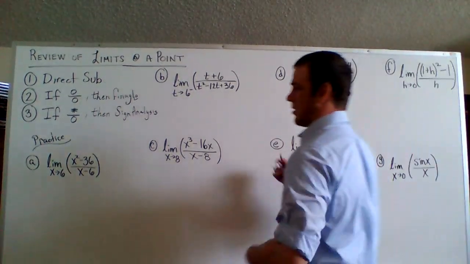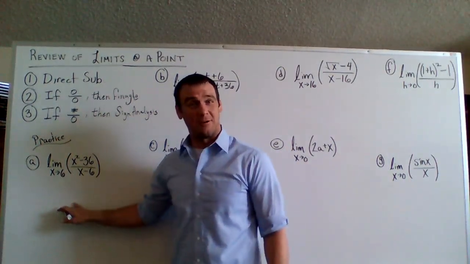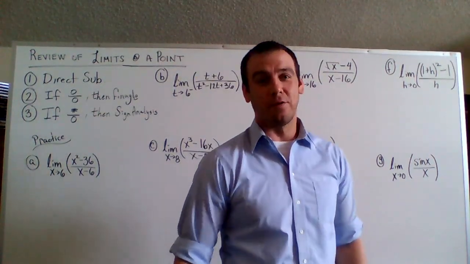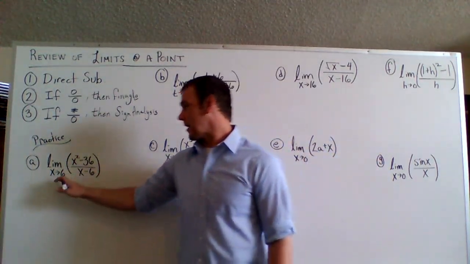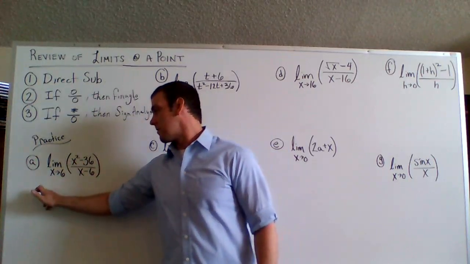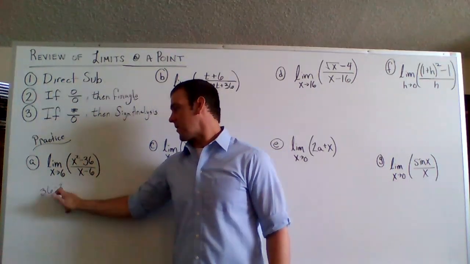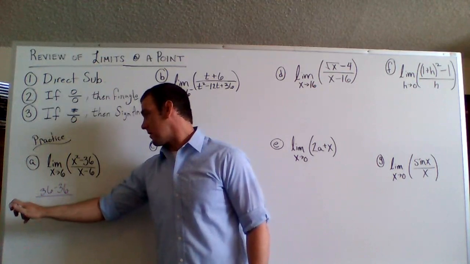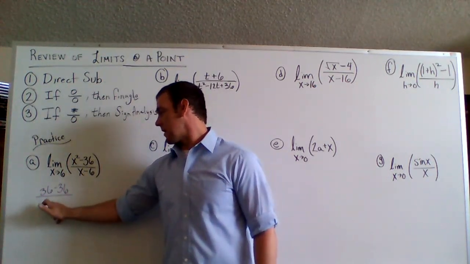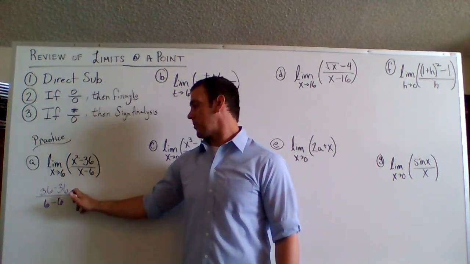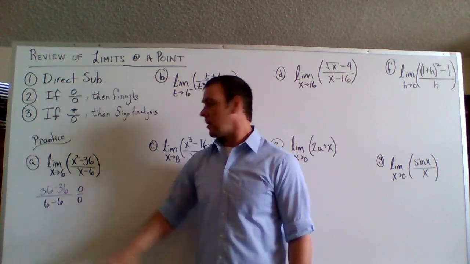Let's begin with A, shall we? If I plug 6 in, I'm going to get 36 minus 36 divided by 6 minus 6, which is going to make 0 over 0.